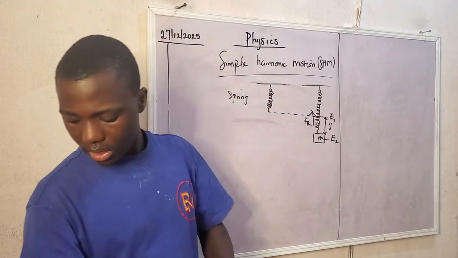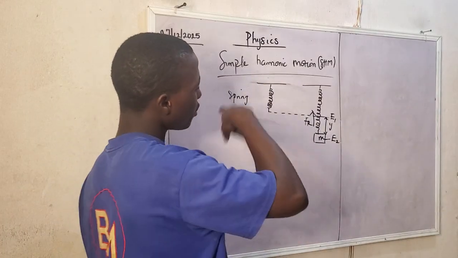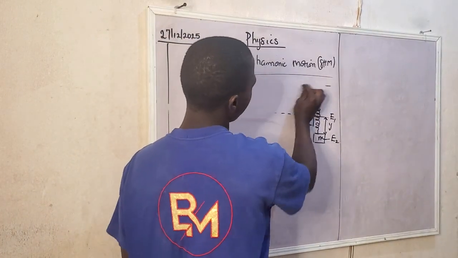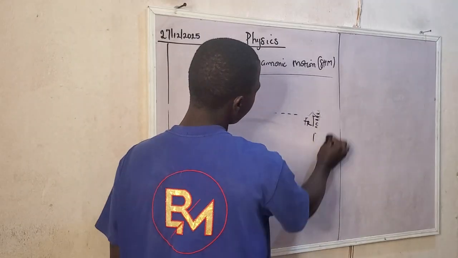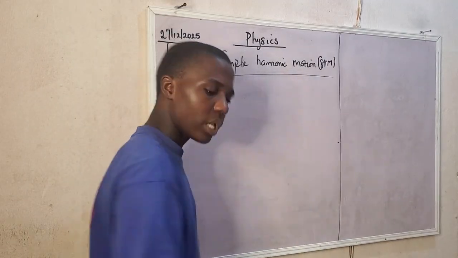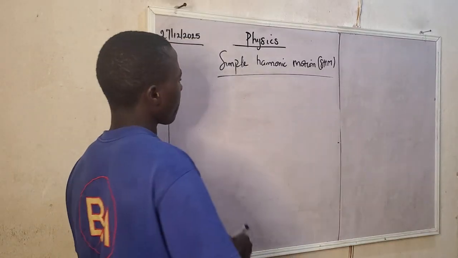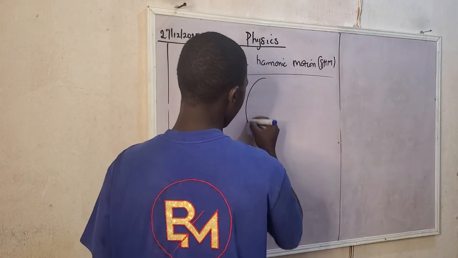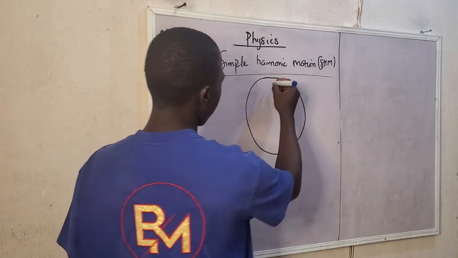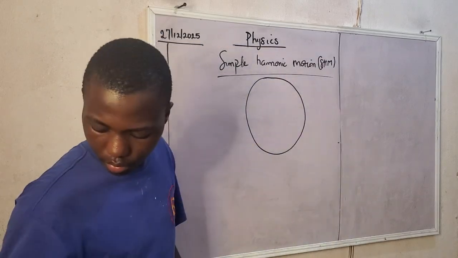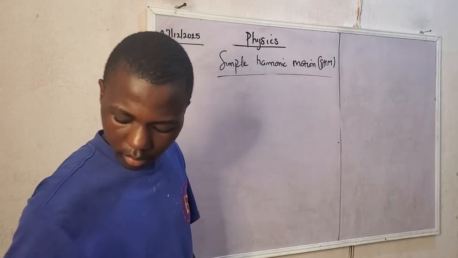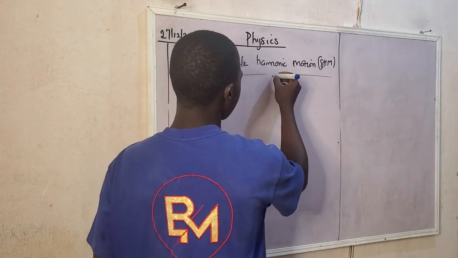So I'm going to take this example. Now I'm going to consider simple harmonic motion and periodic motion, specifically simple harmonic motion on a circular motion. Let's consider we're having a circle like this.